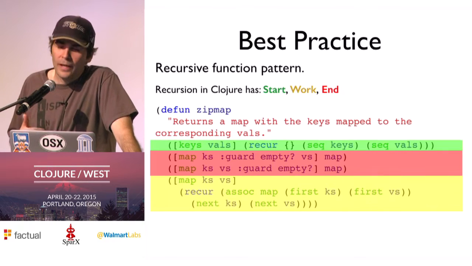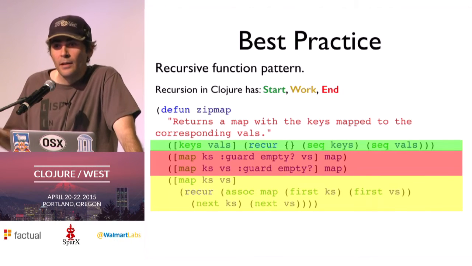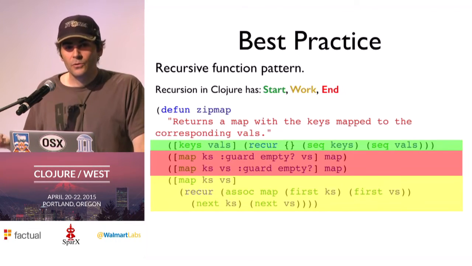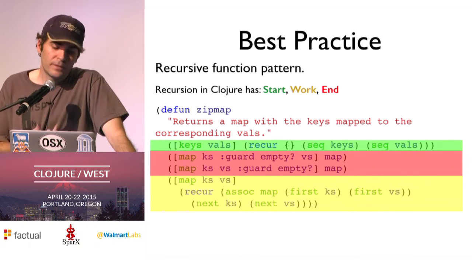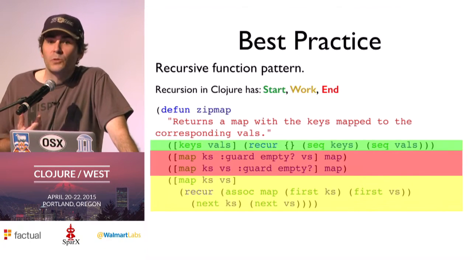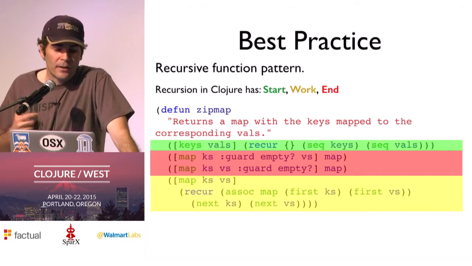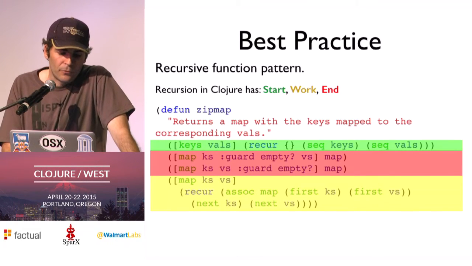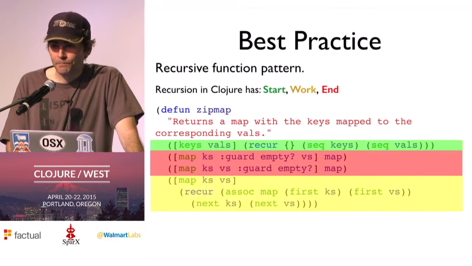We've got our two end cases. Notice we have two here instead of one. Before, we were kind of hiding the fact that there were actually two ways for this to end. We could end with running out of keys, or we could end with running out of values. And I think with this restatement, that fact is much more clear to the reader. And then we've got our case where we work towards the end by working through the keys and the values.